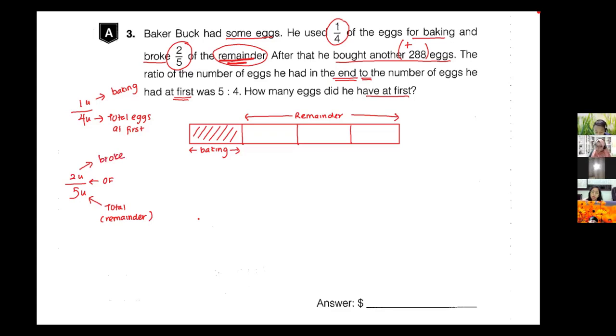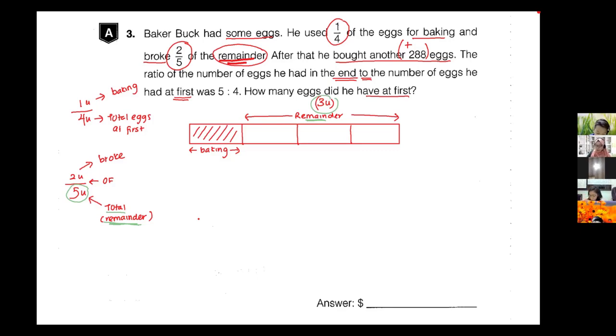Now, I want to bring to your attention the remainder. Over here, in my model, the remainder is 3 units. But over here, in the fraction, it is 5 units. 3 units, 5 units, and they're talking about the same remainder. Which means these two different numbers, 5 and 3 units, are actually referring to the same remainder.